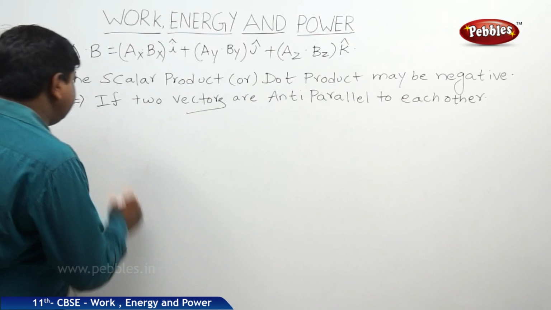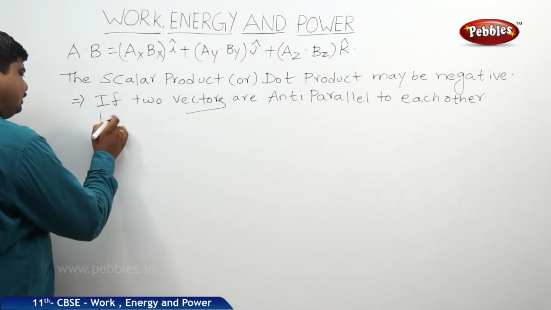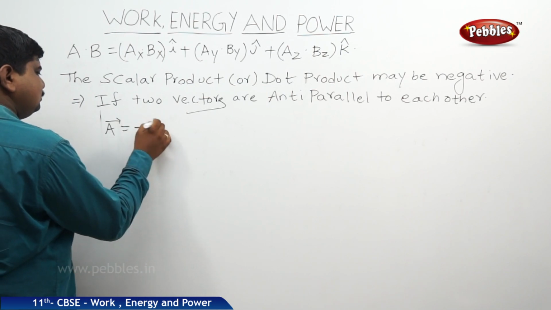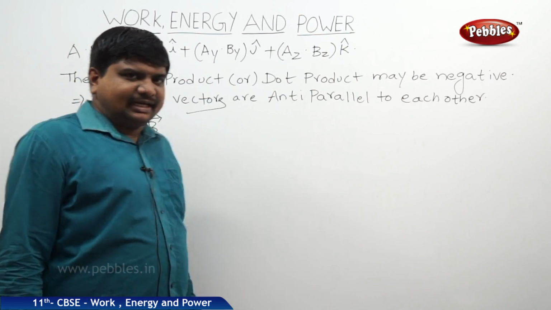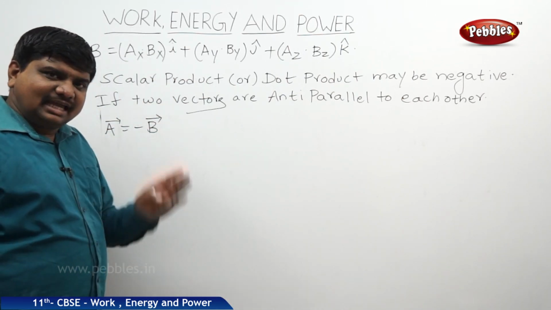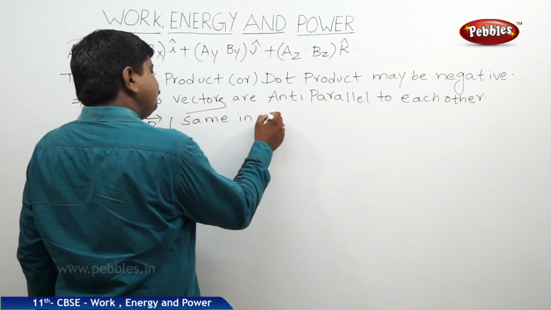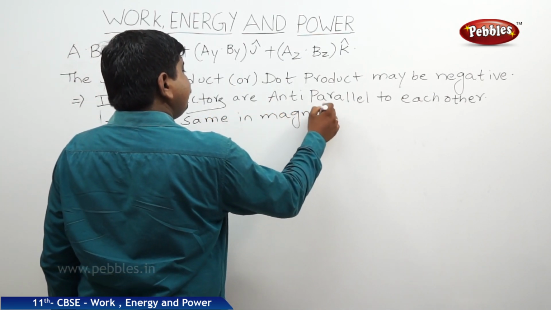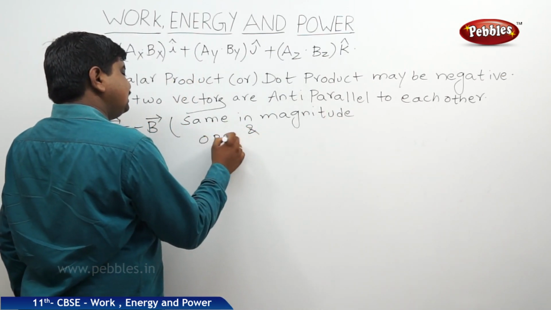The meaning of this is A bar is minus B bar, where minus indicates the opposite in direction, and equal indicates the same in magnitude, and opposite in direction.